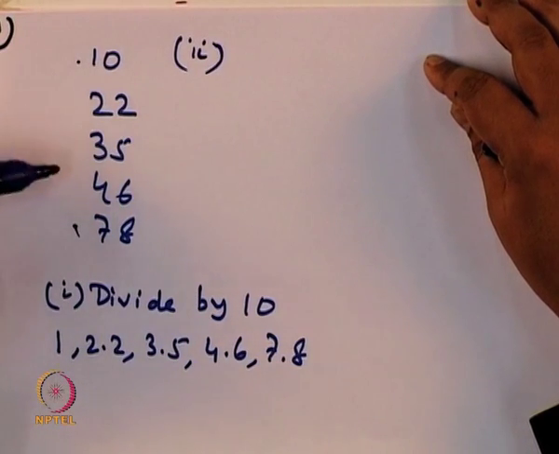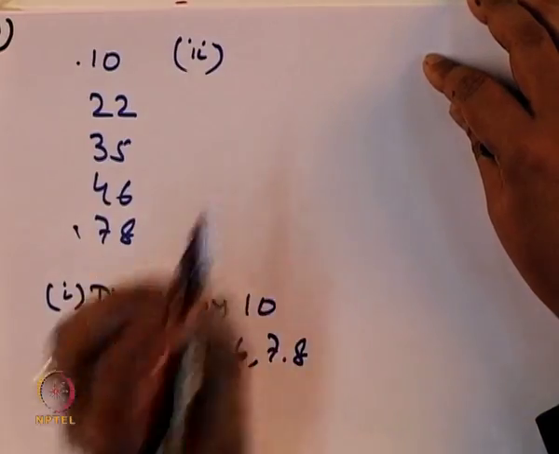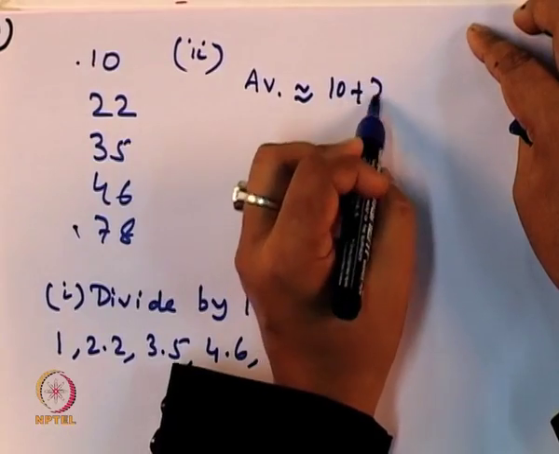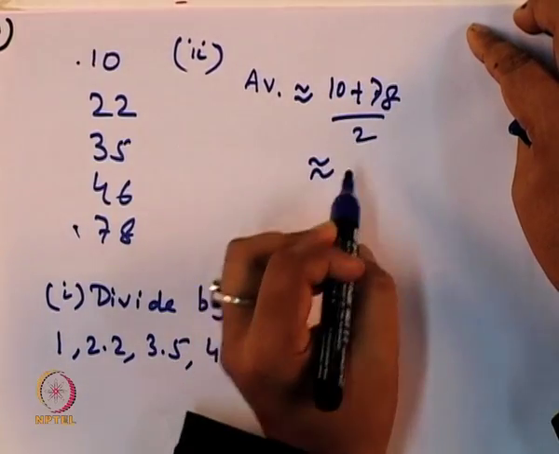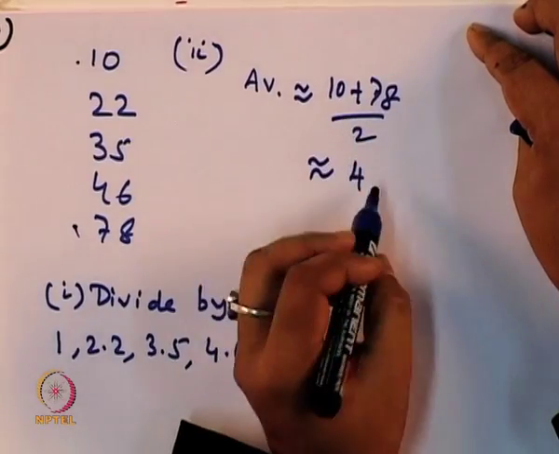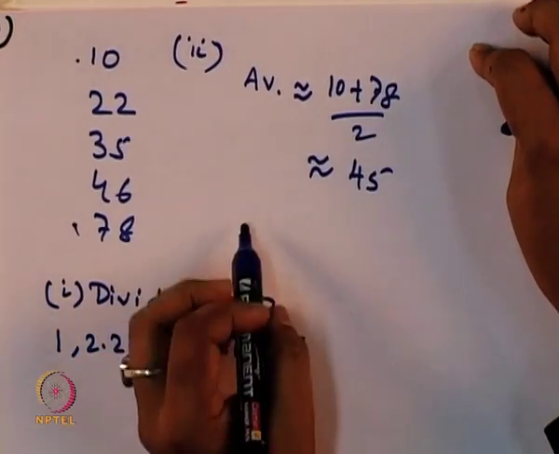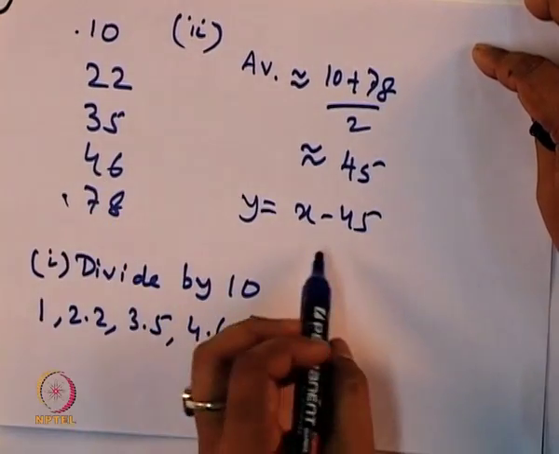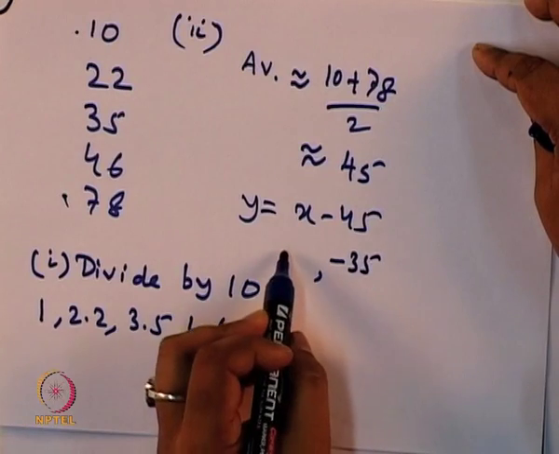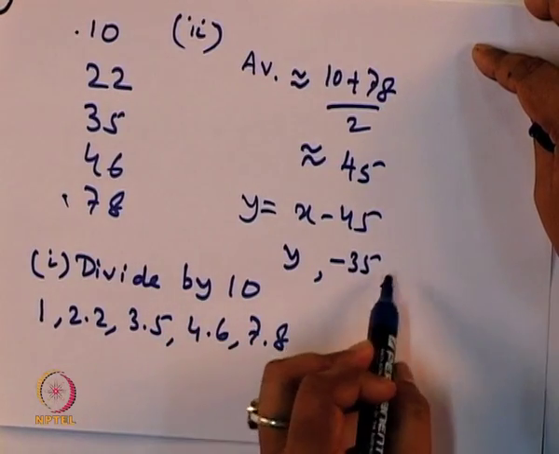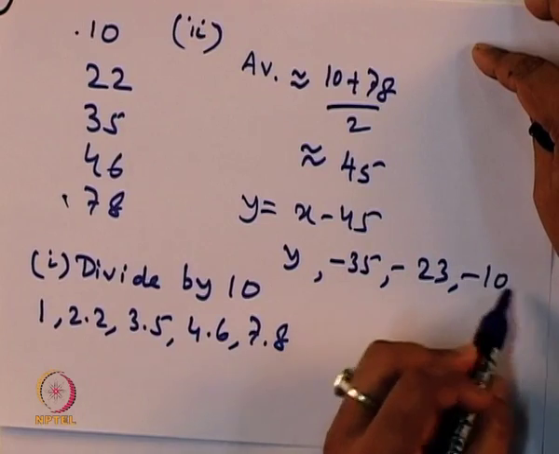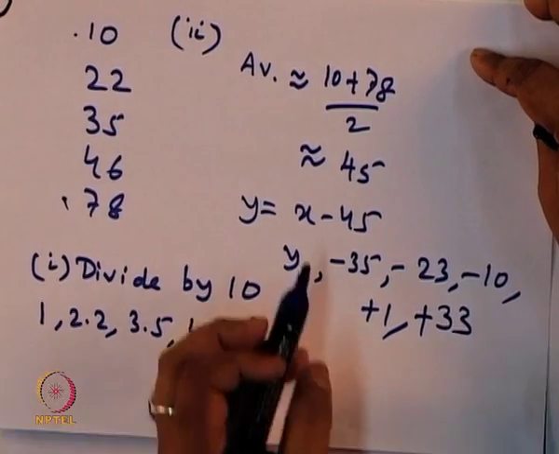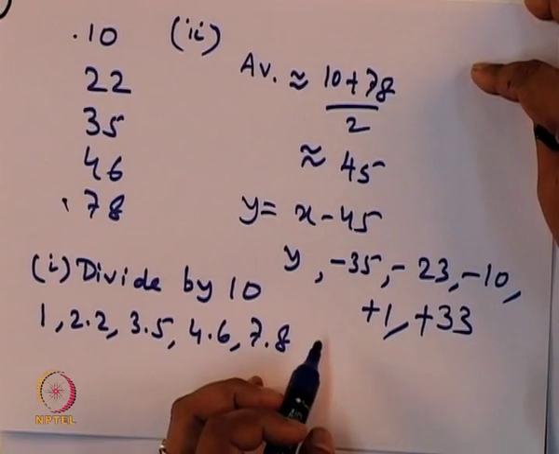So the average here is roughly equal to (10 plus 80) by 2, which is roughly 45. We can apply the transformation y is equal to x minus 45 here, and then my numbers will be minus 35, minus 23, minus 10, plus 1, plus 33.